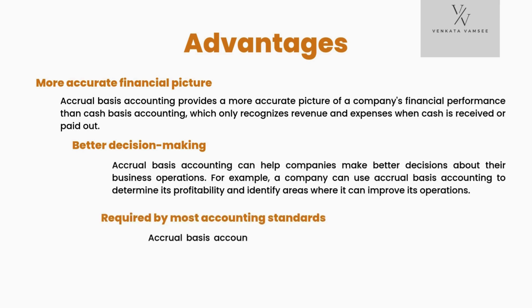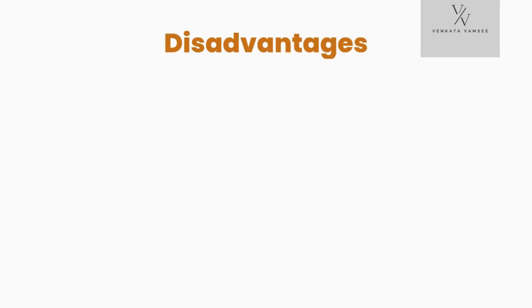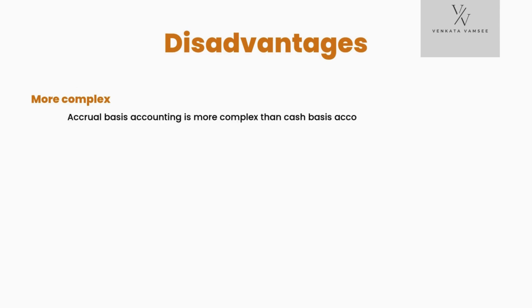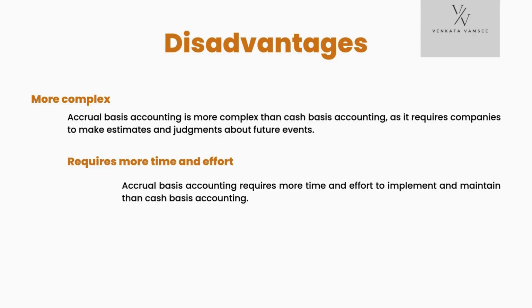Accrual basis accounting is required by most accounting standards, such as Generally Accepted Accounting Principles, GAAP, and International Financial Reporting Standards, IFRS. Disadvantages. More complex. Accrual basis accounting is more complex than cash basis accounting, as it requires companies to make estimates and judgments about future events. Requires more time and effort. Accrual basis accounting requires more time and effort to implement and maintain than cash basis accounting.